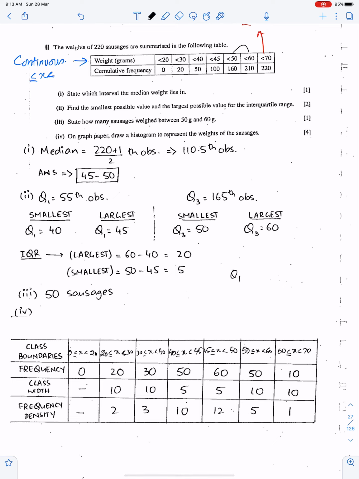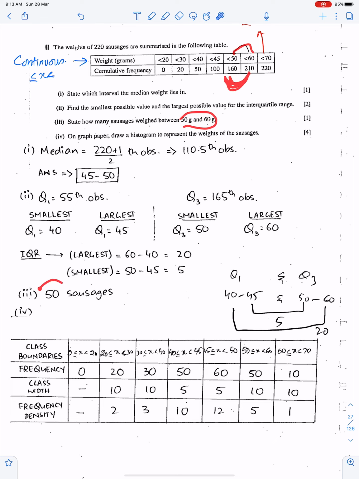Q1 lies in this interval, 40 to 45, and Q3 lies in this interval, 50 to 60. So the smallest possible difference would be 50 minus 45, which is 5, and this is the largest possible difference, 60 minus 40, which is 20. Next part, how many sausages weighed between 50 and 60? Just take this difference, 210 minus 160, which is 50.